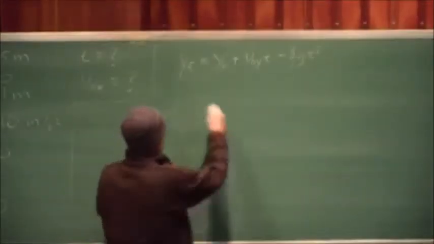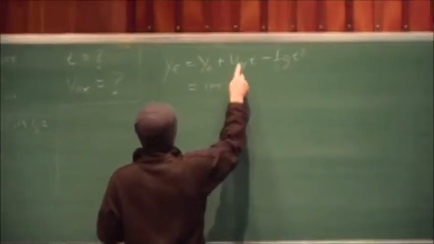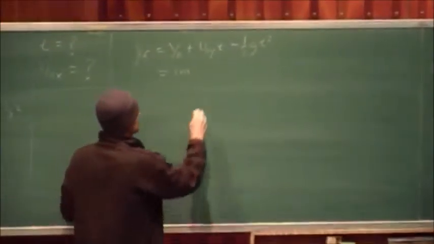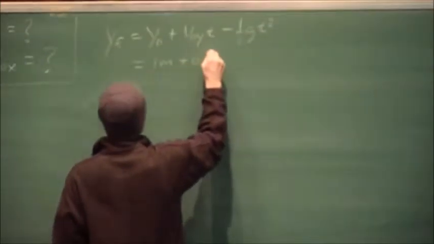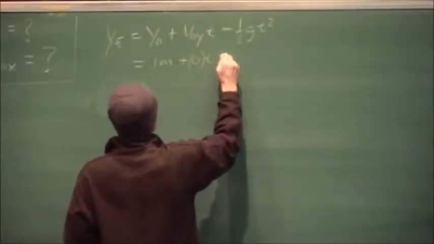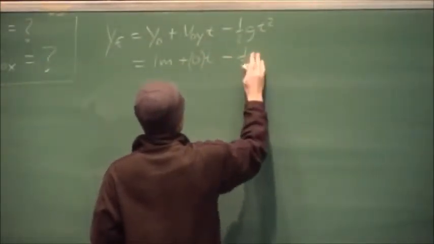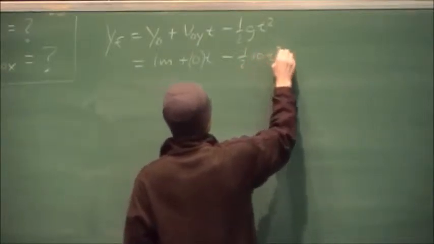All right? What is y initial? Y initial is 1 meter. What's v0y? 0. Minus 1/2 times 10 times t squared.